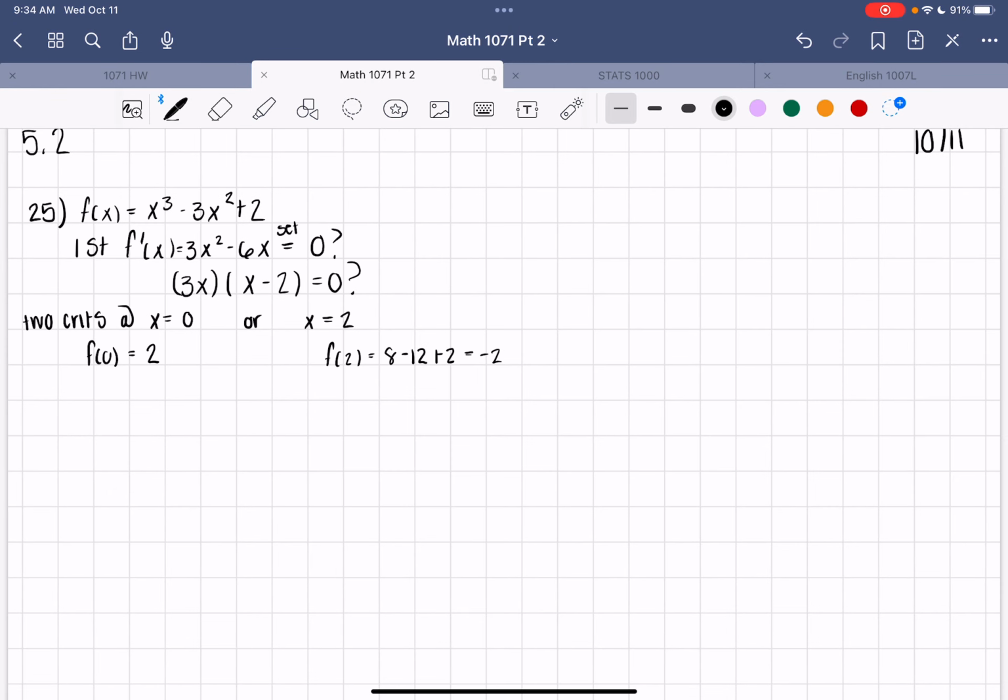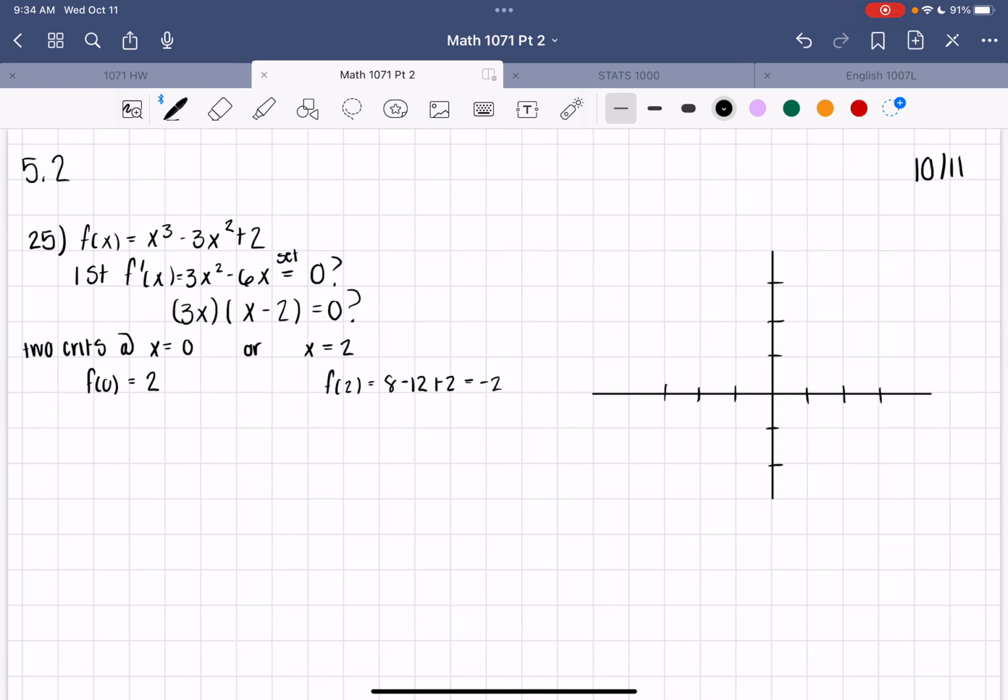That gives me 3 intervals. Always one more interval than you have points. So let's do the shape intervals, over which I'm going to test my first derivative at one point to conclude something about the shape. So left of 0, between 0 and 2, to the right of 2.